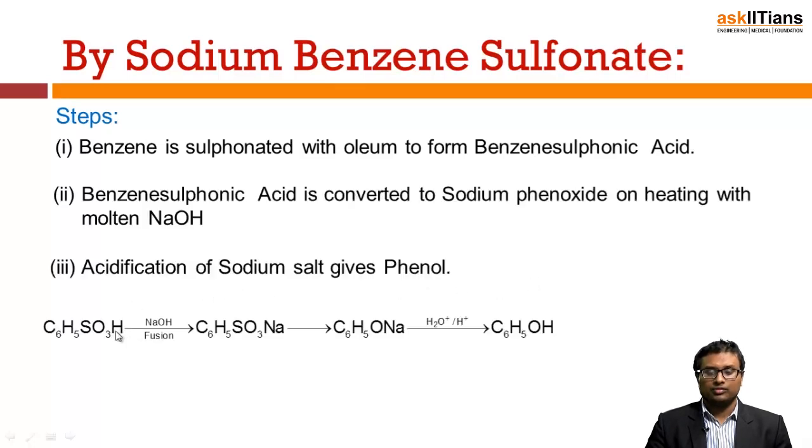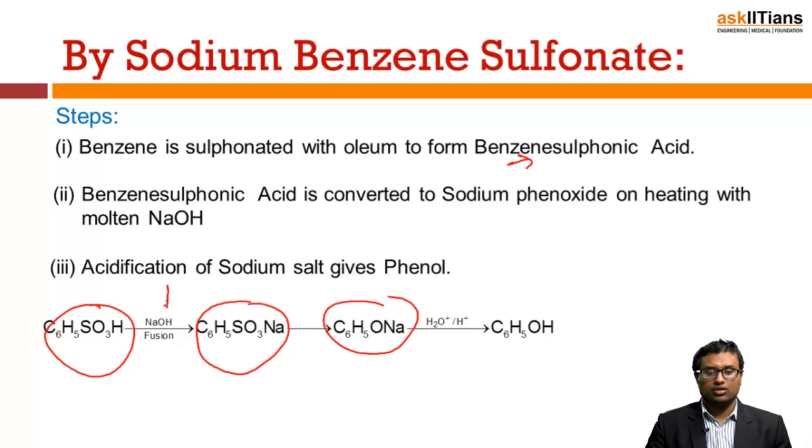Once you get this benzene sulfonic acid, it is converted into sodium phenoxide by heating with molten NaOH. You are actually fusing it so that you will get this sodium phenoxide, and just by acidification of this, it gives you phenol.